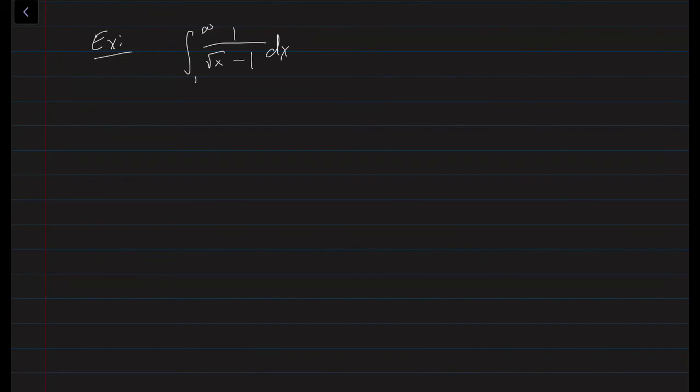For our final example, let's look at the integral from 1 to infinity of 1 over the square root of x minus 1. So as we go out towards infinity, the 1 in the denominator doesn't really matter. So it looks like 1 over the square root of x as x approaches infinity.